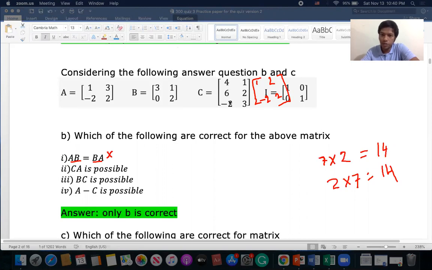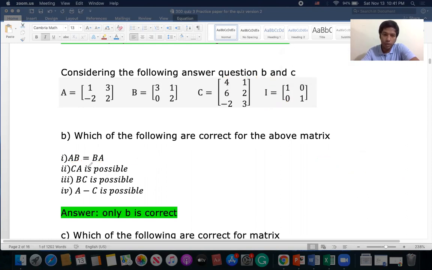We can prove it without doing the math, but let me show you this. 4 into 1, we can multiply. Then 1 into 2, minus 2, we can multiply. This line is finished, this line is also finished. So basically we can multiply it. This multiplication is possible because there is no extra thing here.